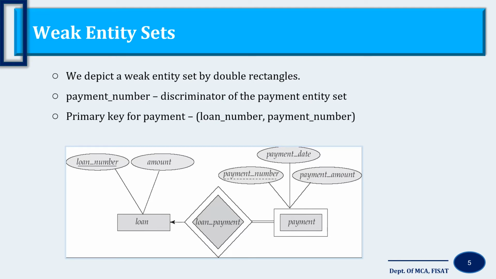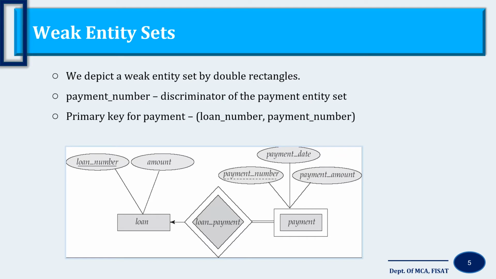Look at the diagram. From the payment to the loan payment, it is shown as double lines. This double line shows that the participation is total, and this arrow shows that it is a many to one relationship from the weak entity set payment to the strong entity set loan. That is, from the payment to the loan, we have the mapping constraint as many to one.